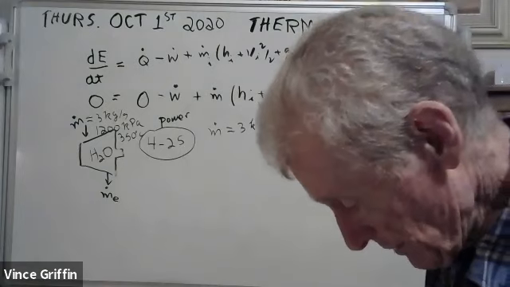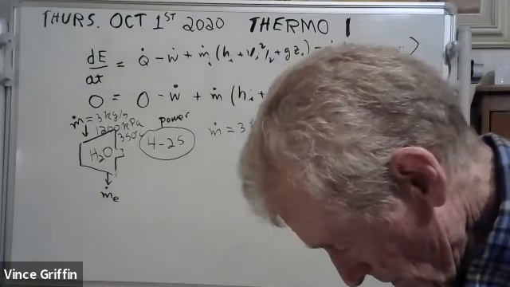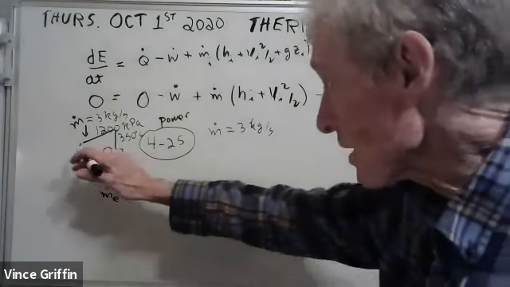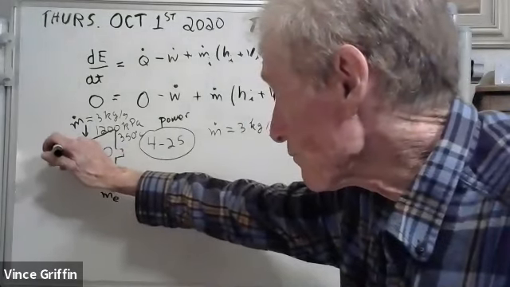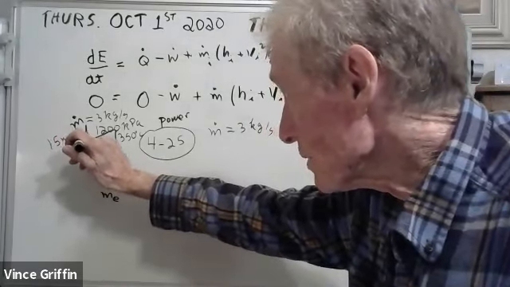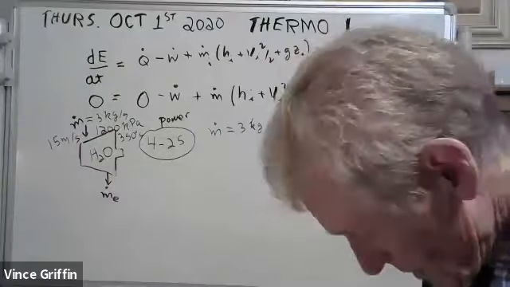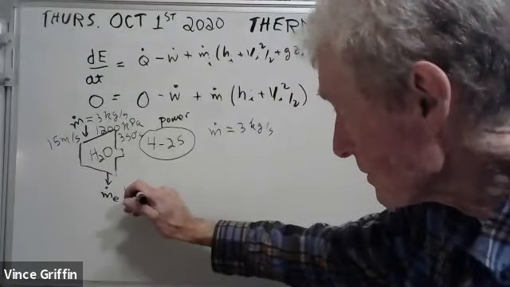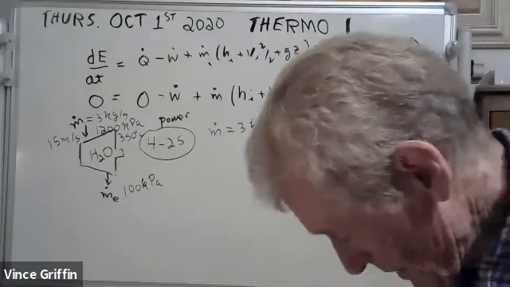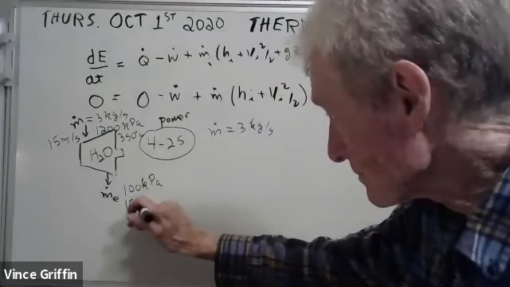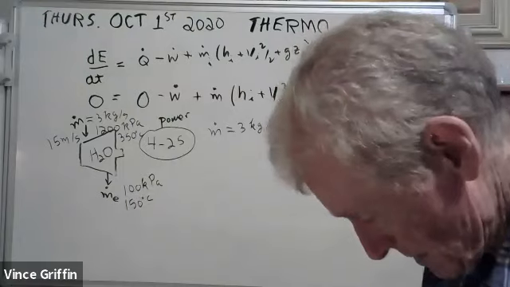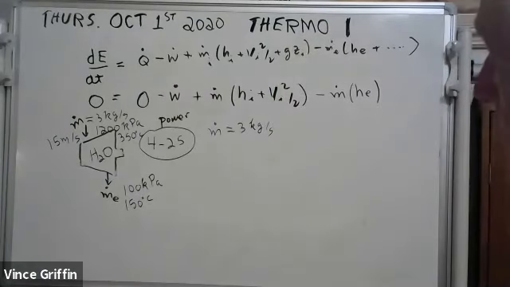Okay, let me keep reading. And the velocity is 15 meters a second coming in. The exit is at 100 kilopascals and 150 C. They said very low velocity.